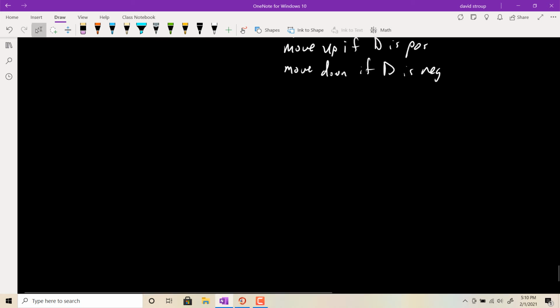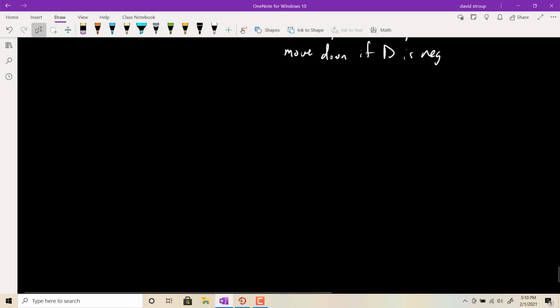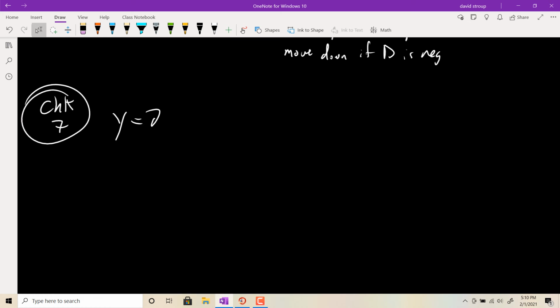Okay, so let's look at one of those. This is actually checkpoint 7 in the book, and it's y equals 2 cosine of x plus 1. So it's not that hard. First, get the amplitude. So the amplitude is the absolute value of 2, which is 2.